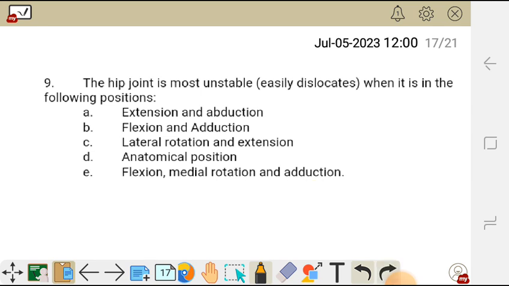So the hip joint is mostly unstable when it is in flexion, medial rotation and abduction. So the correct answer here is E. When it is flexed, medially rotated and abducted, then we can say it is unstable in that position. Question 9, correct answer is E.